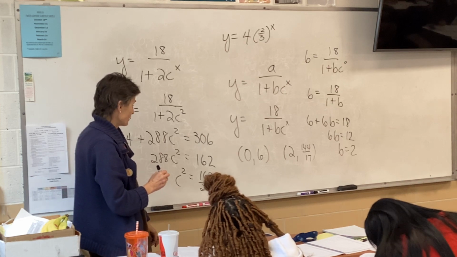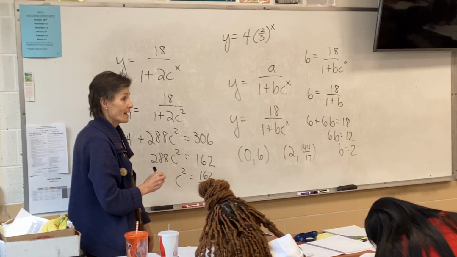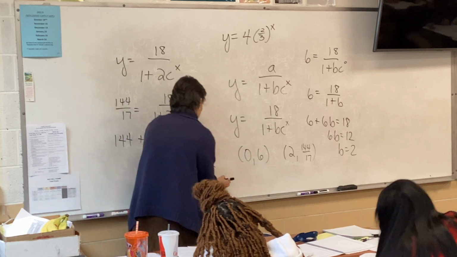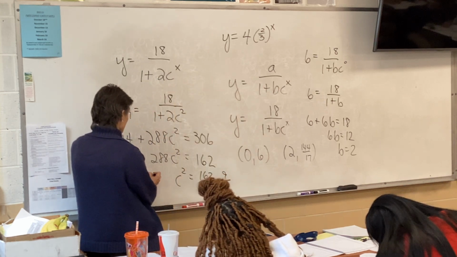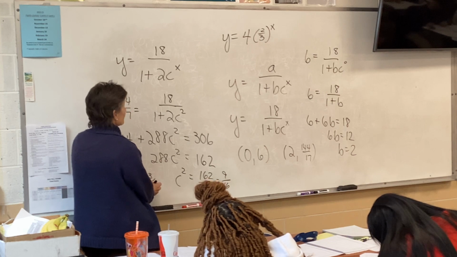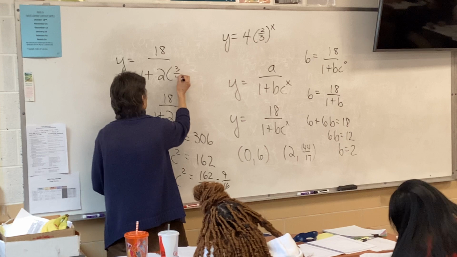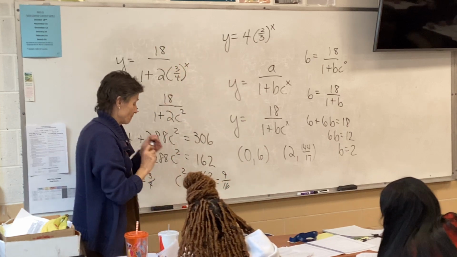Do 162 divided by 288. 9/16. Oh wait, this is 9/16? Yeah. Okay, so this is 9/16, and c is going to be 3/4? Yep. So then I can plug that in. And there is my equation.